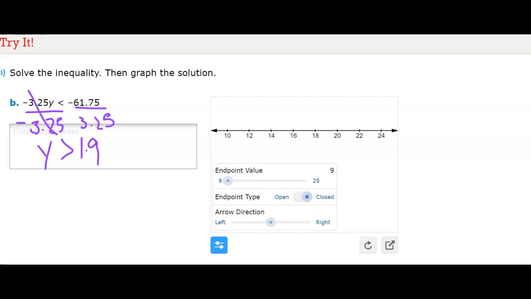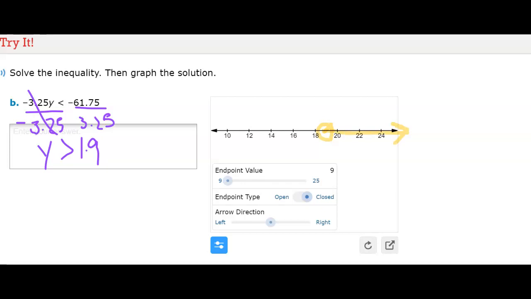So we look for 19, and 19 is going to be about here, and we're going to have an open circle, and then it's y greater than 19, so it'll be all of these numbers in that direction.